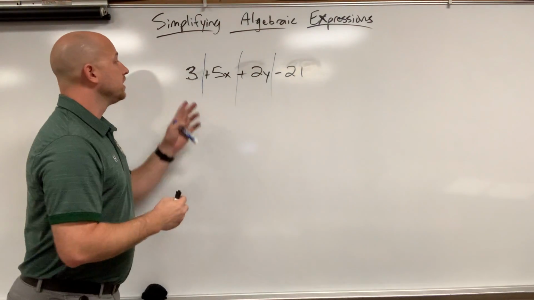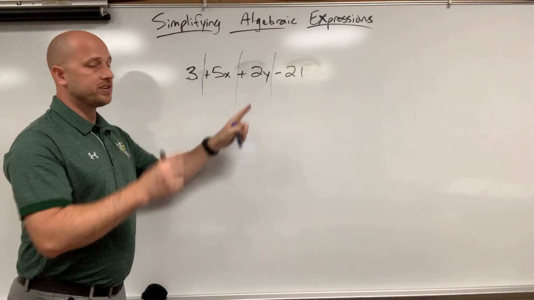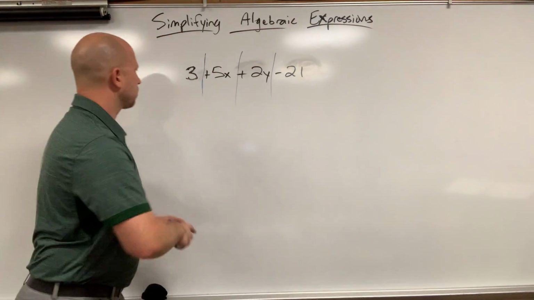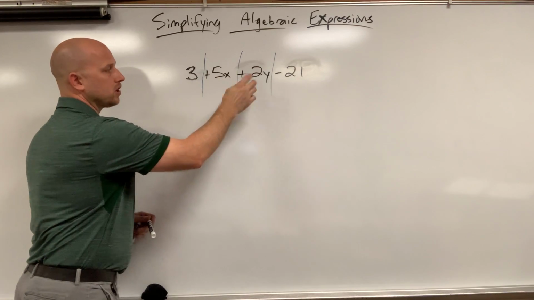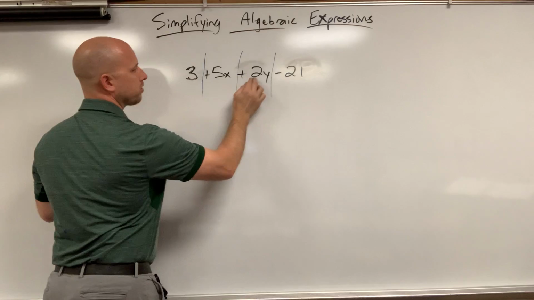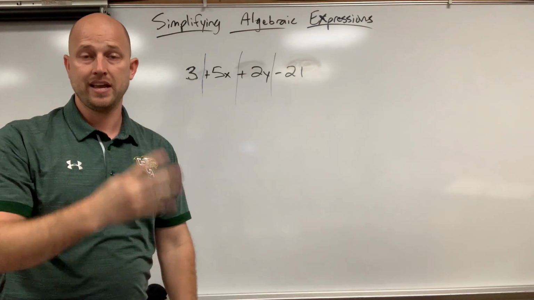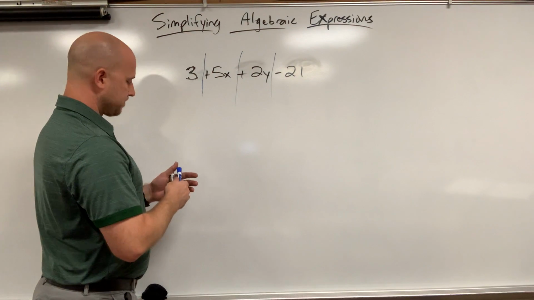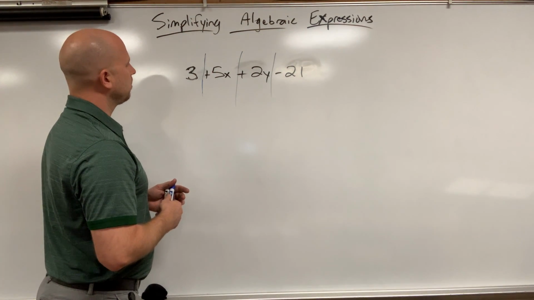So again, terms are the different parts that make the expression or make the equation. So 3 is a term. Anywhere you see a plus or a minus, it chops it up. So in this whole expression, 1, 2, 3, 4, there are 4 terms.